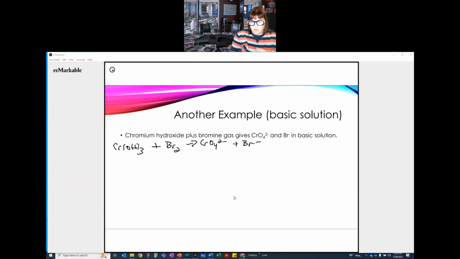Okay. To start with, this is no different than what we've done previously. A half reaction that involves the bromine and a half reaction that involves chromium. I write the chromium first because it's the first thing that's written down. Cr(OH)3 goes to CrO4 2 minus. I also have the Br2 going to the Br minus.